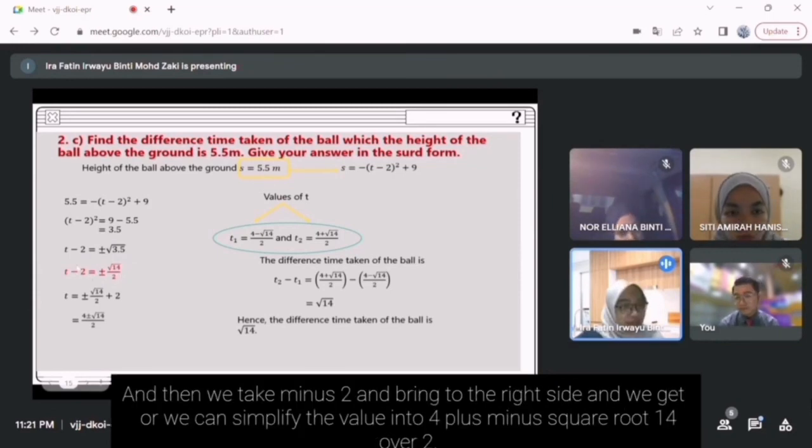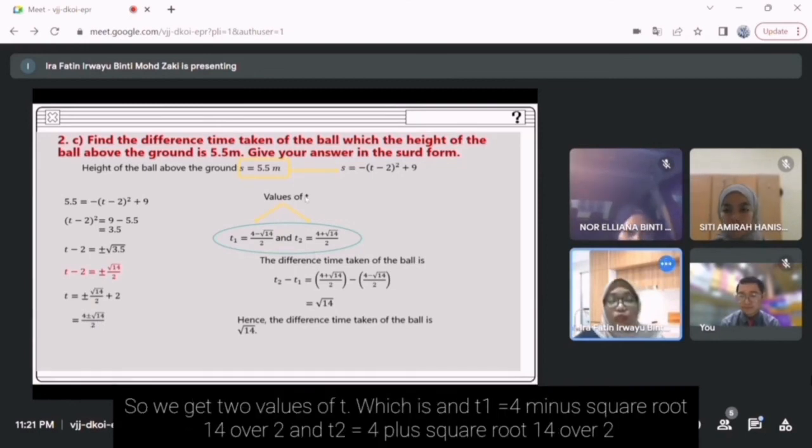Then we bring minus 2 to the right side, and we get t equal to plus minus square root 14 over 2 plus 2, or we can simplify it into 4 plus minus square root 14 over 2. So we get two values of t, t1 equal to 4 minus square root 14 over 2, and t2 equal to 4 plus square root 14 over 2.